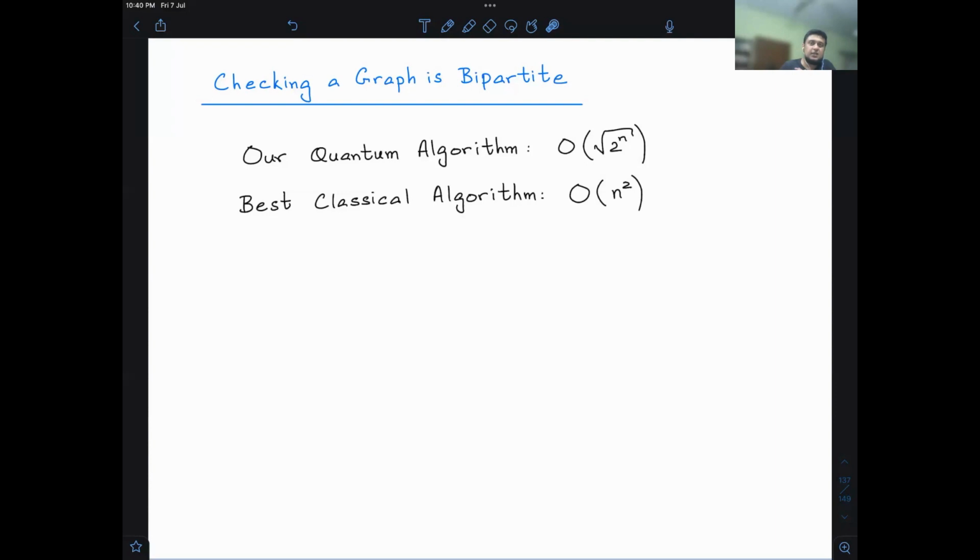Whereas in the quantum case, I'm just applying a generic tool, Grover's algorithm, to get this quadratic search. In the general case, though, this result is not there. This best classical algorithm is only for when the graph is bipartite. As I mentioned in the beginning, if I don't have this assumption, then the classical algorithm is 2 to the n, and Grover is square root of 2 to the n. So I do have a quadratic improvement over the general classical algorithm.